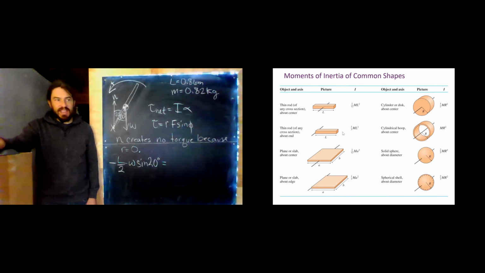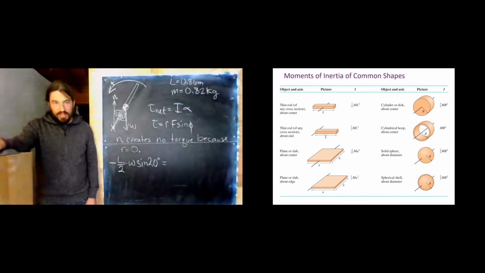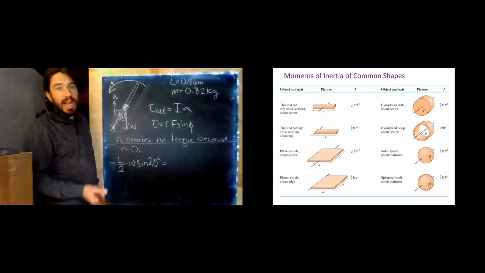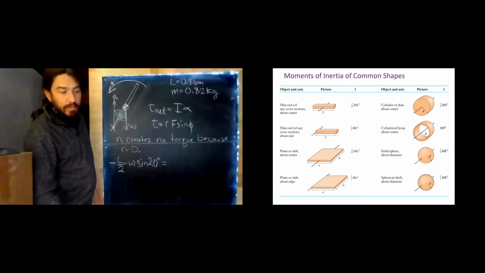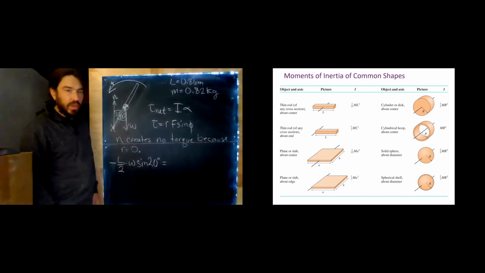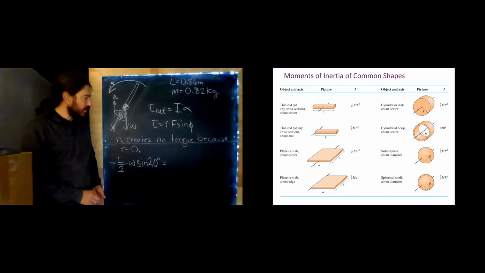It's this one right here. It is a thin rod. Notice they've drawn this as a rectangular cross-section, but it says of any cross-section, which means that this would apply to a round cross-section as well. So it would apply to our bat. So that is what we should use for our moment of inertia.